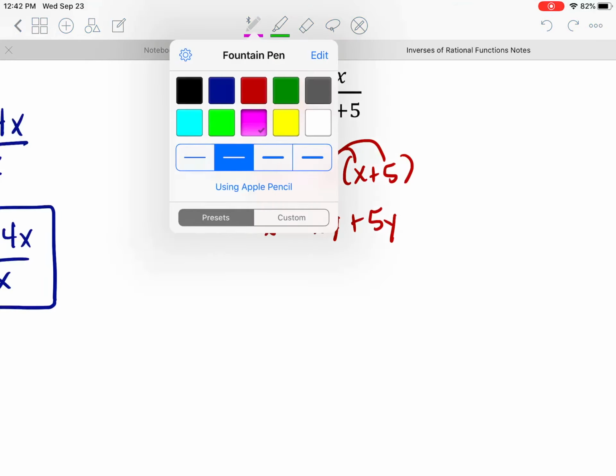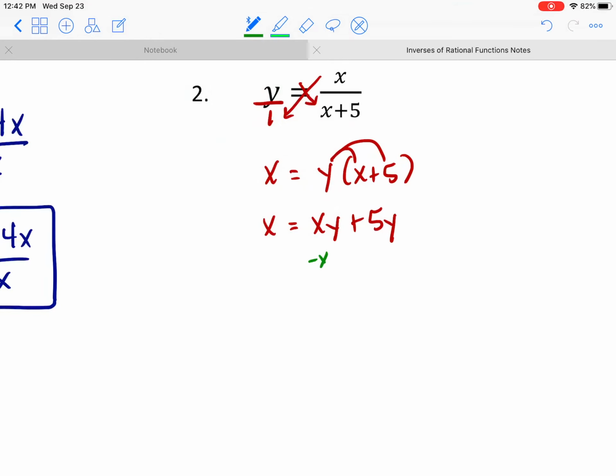Well, I'm not sure if this thought is occurring to you, but I'm going to start by getting both of the terms that have an x on one side. So I'm going to make this x minus xy equal to 5y. So this will be the process. Everything that has an x you're going to want to have on one side, and everything that doesn't have an x you're going to want to put on the other side.